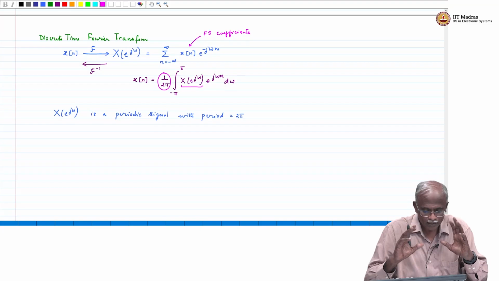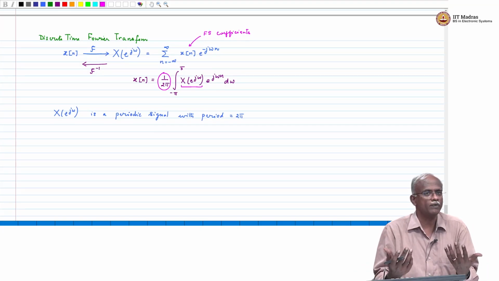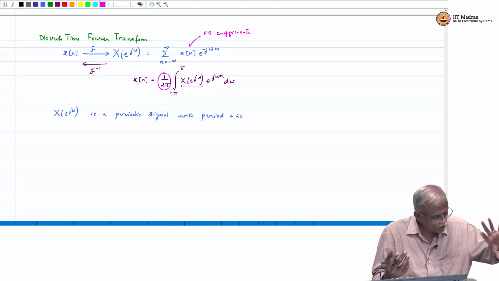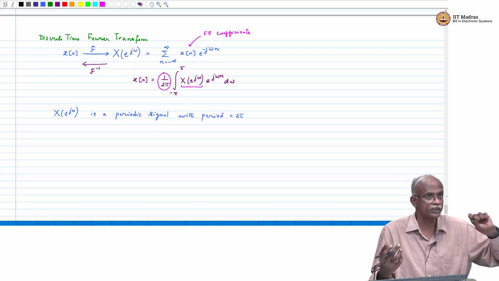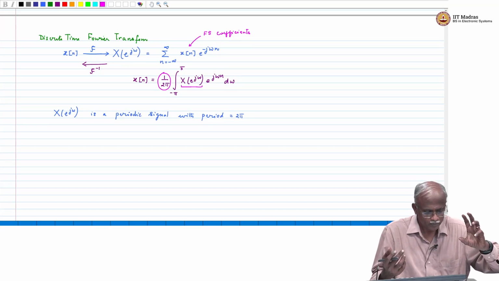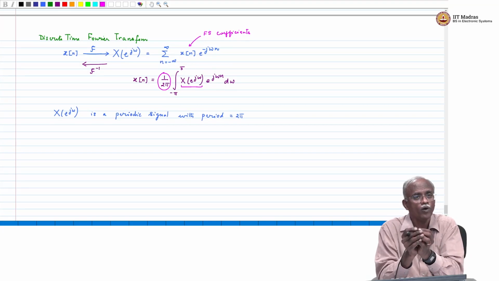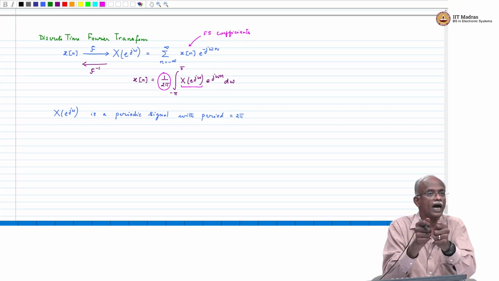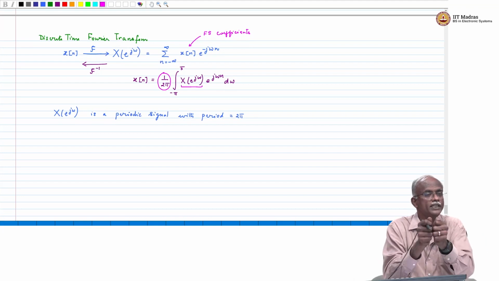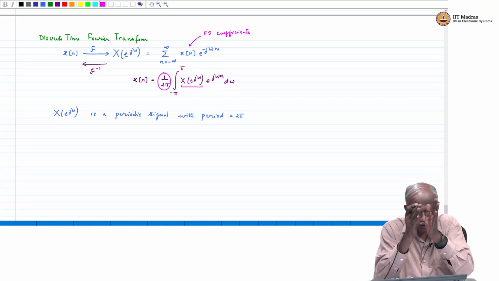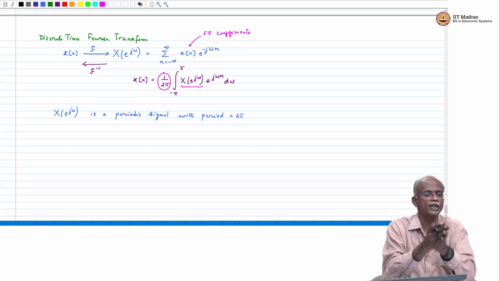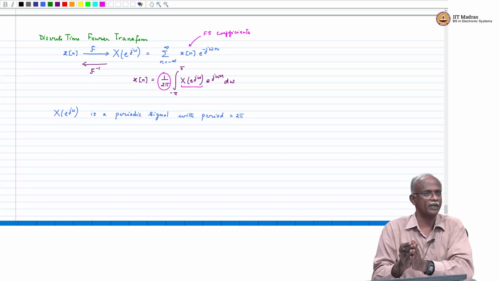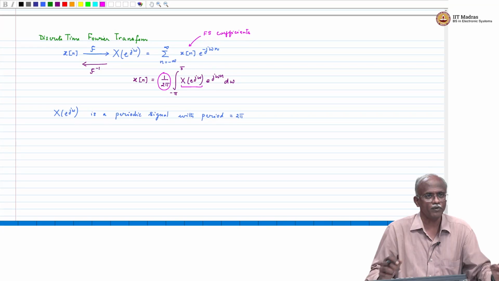So this is the very important tool that we have developed. So we have understood all about discrete time sequences, discrete time systems, and now we are saying whether it's a discrete time sequence or a discrete time system, I will be able to look at it not only in the time domain but also in the frequency domain. So that is the next step that we would like to do.